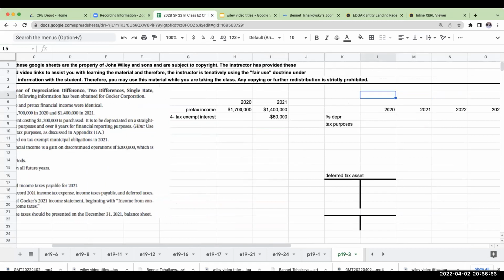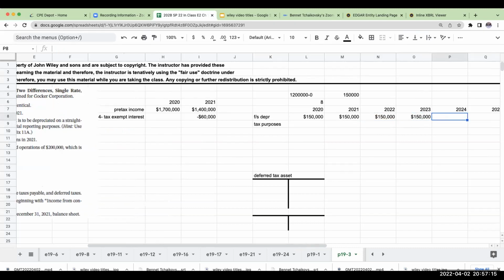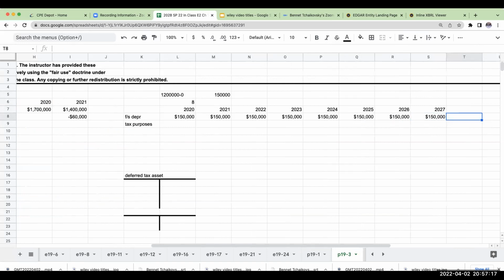I have 1.2 million minus 0 salvage value, which I'm going to assume, divided by 8. This gives me $150,000. So every single year for financial statement reporting purposes, from 2020 through 2027, I'm going to take a total of 1.2 million in depreciation.